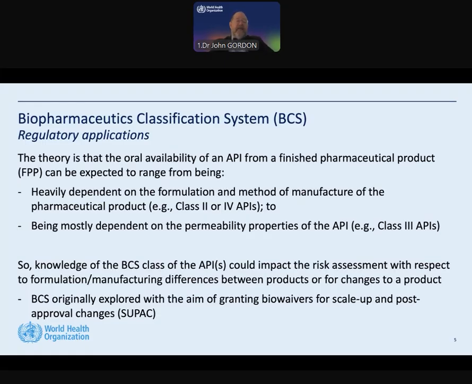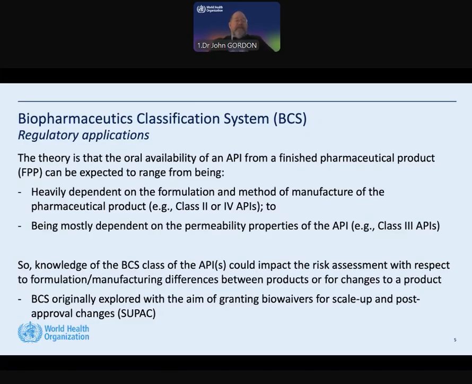On the other hand, highly soluble APIs are much less affected by the formulations, and the characteristics of those products are more dependent on the permeability and solubility characteristics of the API itself. So for a highly soluble API, it can come down to the permeability properties of that API in terms of how the oral availability of the API is seen.